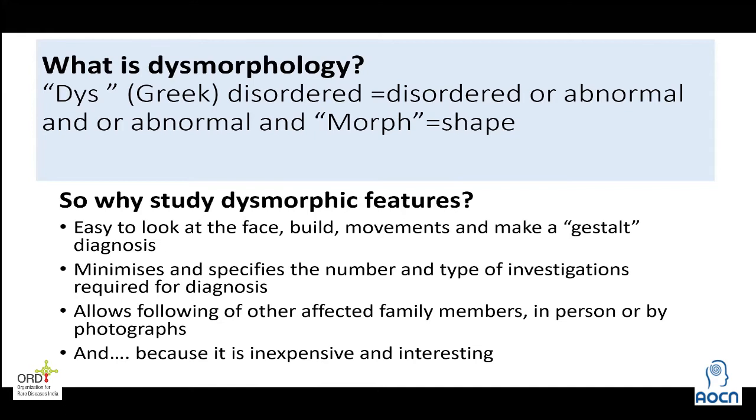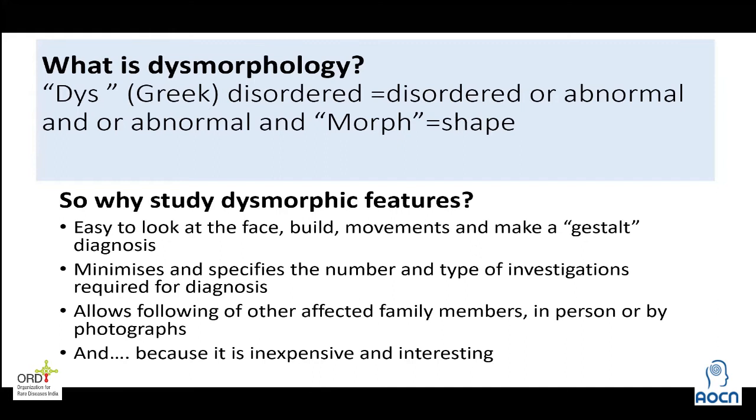For example, any of us in the audience that have seen a child with Down syndrome would find it extremely easy to make a diagnosis of Down's by vision alone. And sometimes when you've got experience, then you can make other such diagnoses by seeing. And I think it's very important to do that because many times it minimizes and even occasionally makes us make a specific diagnosis.